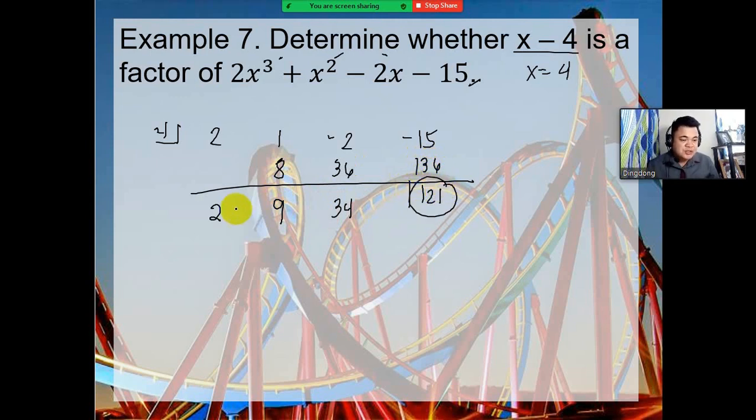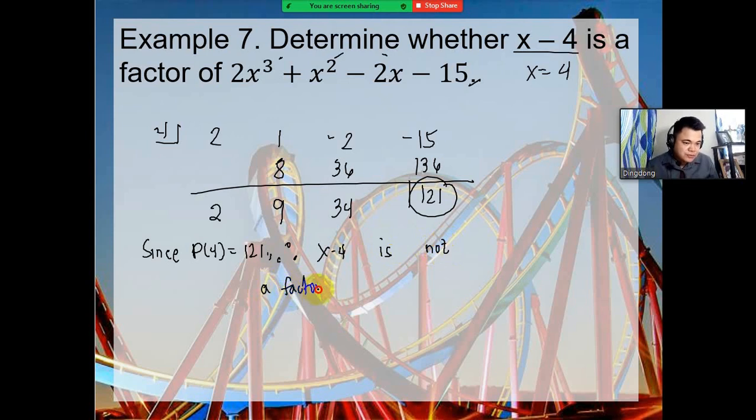This will serve as your answer. Now, since P of 4 is equal to 121, therefore, we can say that x minus 4 is not a factor of P of x. As simple as that.